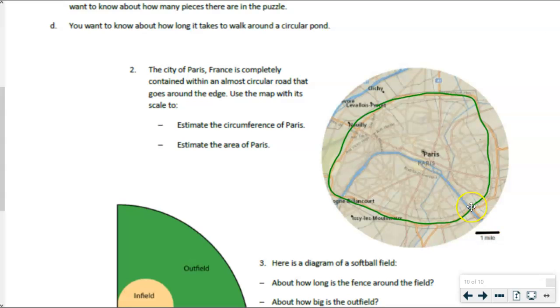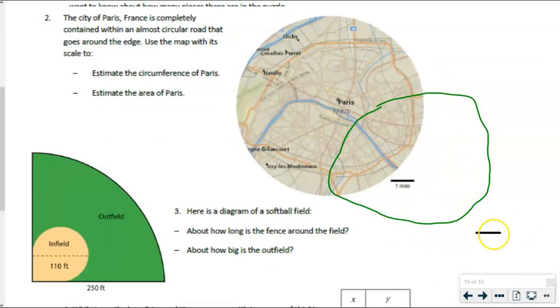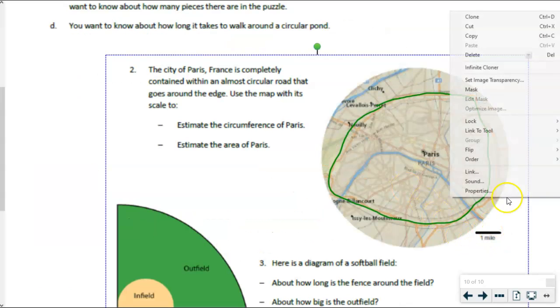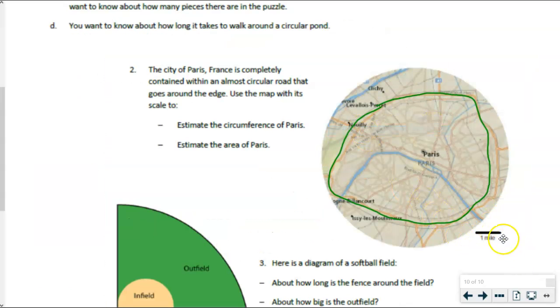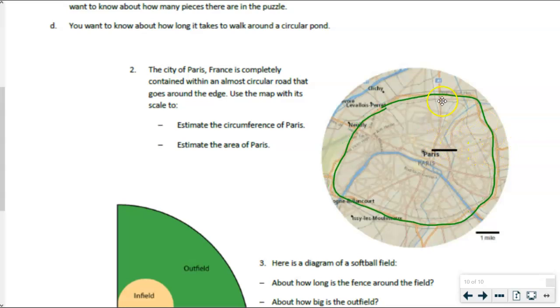So we can use that to measure and see how many of these 1 miles we can fit. Let's lock these in place. Here's what I want you to be careful of. Remember, we're estimating the diameter or the radius of this almost circular road, not the entire circular shape.